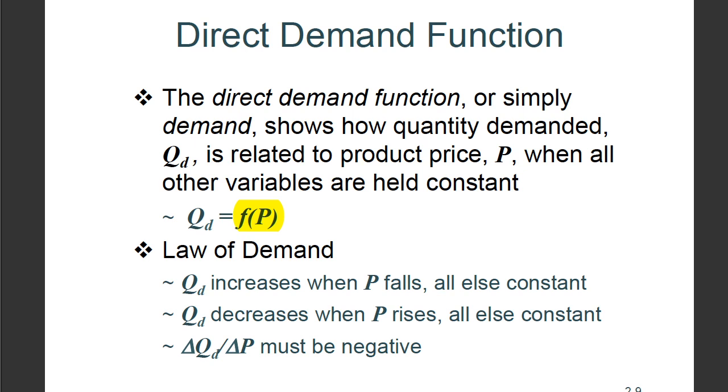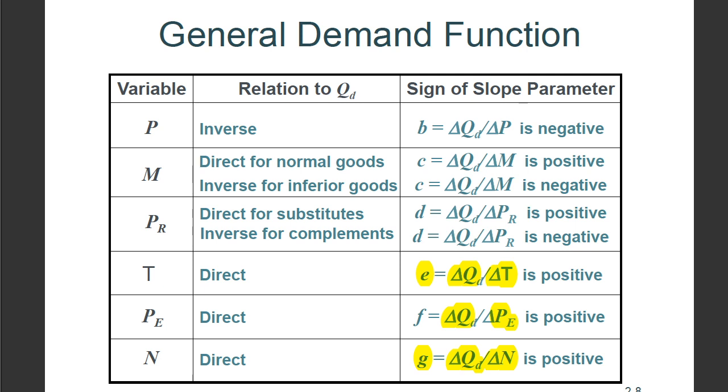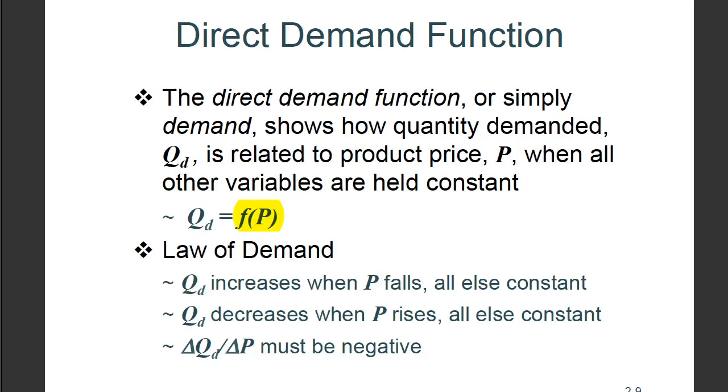We're going to use this fact that we expect this to be negative. The higher the price, the lower the quantity demanded. We're going to refer to that as the law of demand.